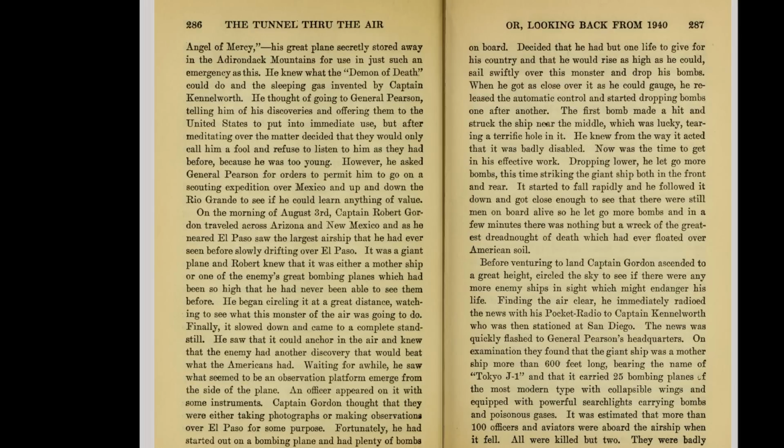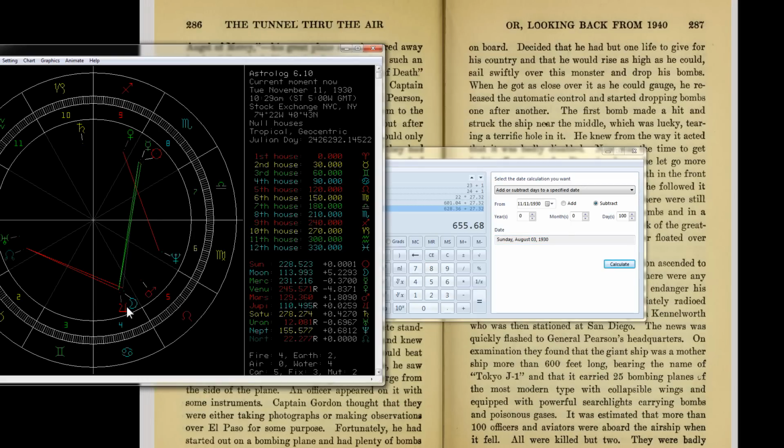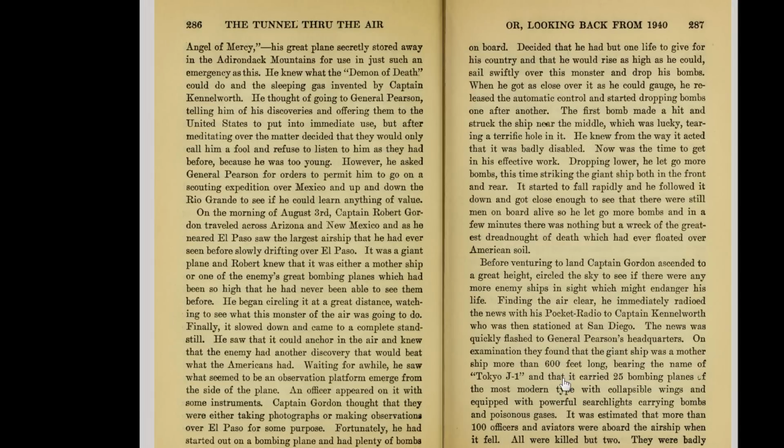So we use the number 100, and it's actually descriptive of the number of days between August 3rd and the point in time where the moon was conjunct Jupiter when it went to retrograde motion and stood still in the air. It took a couple more days for the moon to become conjunct with Jupiter right then. So these numbers for the Tokyo J-1 are very descriptive of what's happening here.